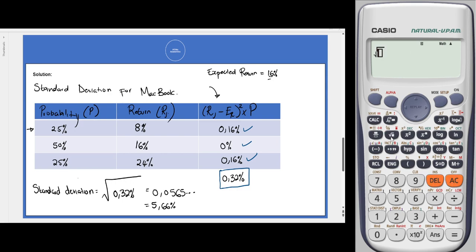Okay, so square root of 0.32%, equals, you can see the answer that we get initially, 0.056, and then you convert that into a percentage. Okay, and that is 5.656. When you round that off to 2 decimal places, it will become 5.66%. That is the risk. That is the standard deviation.